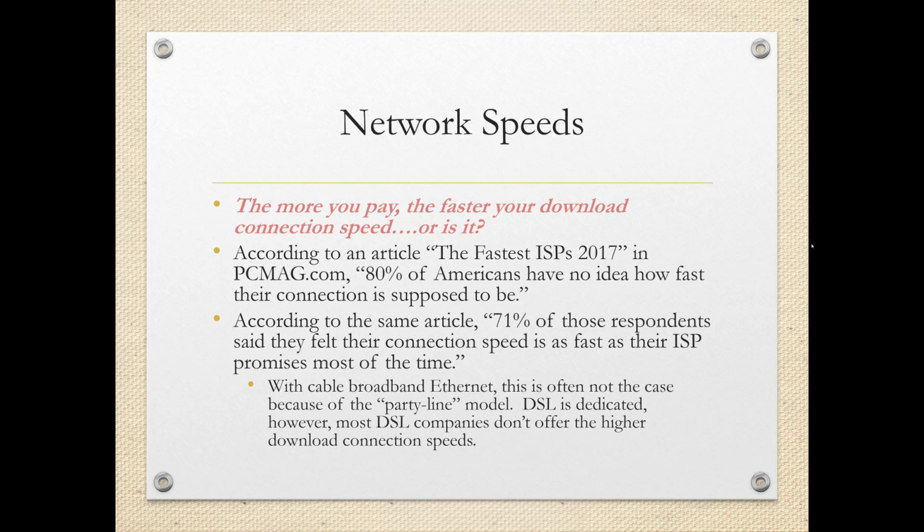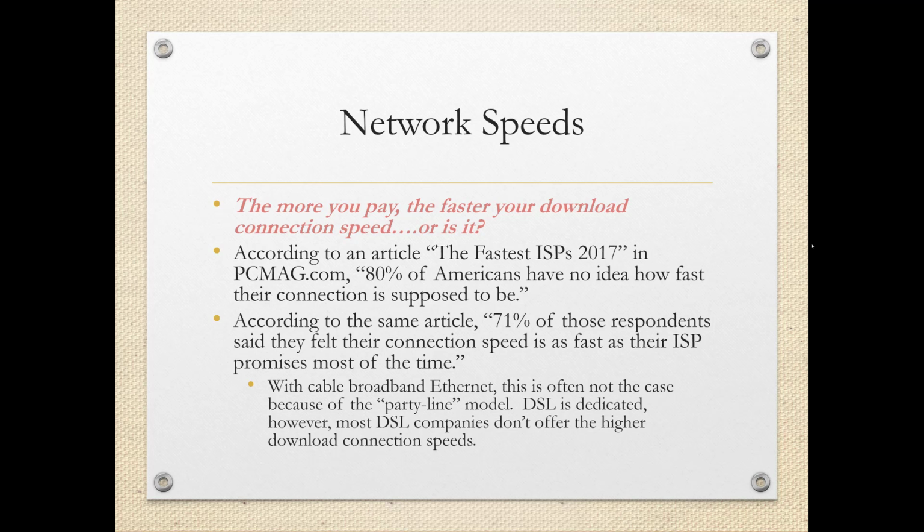According to the same article, 71% of those respondents said they felt their connection speed was as fast as their ISP promises most of the time. The problem with that is, and I've had cable internet for many years through Suddenlink and now Spectrum, broadband Ethernet for cable companies is called a party line. They run a lot of bandwidth out to one geographic area.